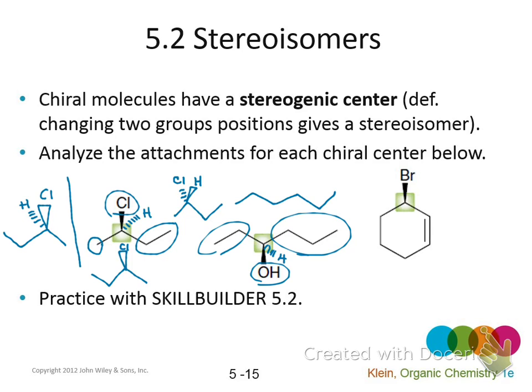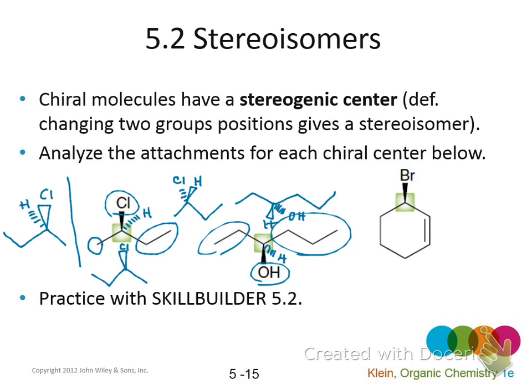And to draw a stereoisomer, I'm just going to switch the hydrogen and the OH. Oops, no, I didn't. That's what I meant to do. But you know, you can switch any of them. And if you don't know for sure, then you could just ask me after you've drawn it. I'll tell you if it is or isn't.